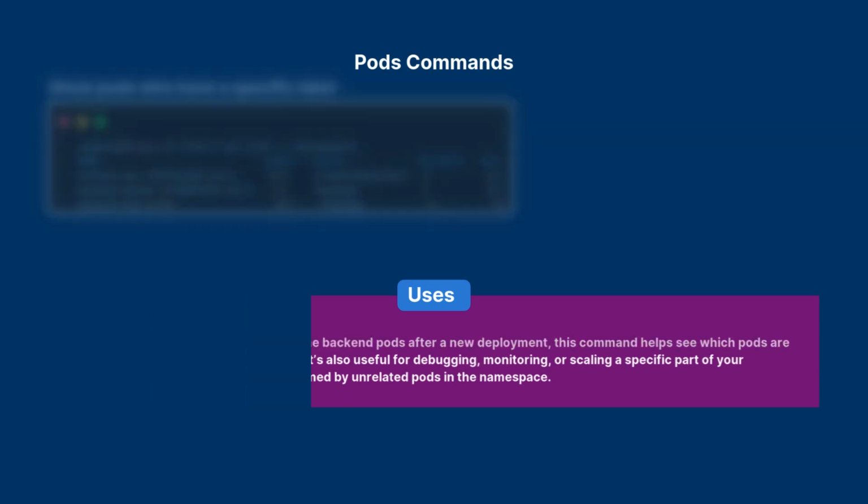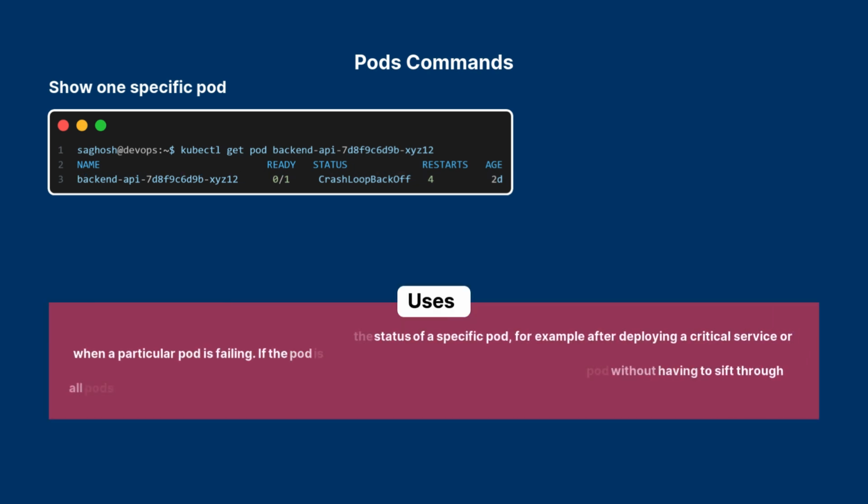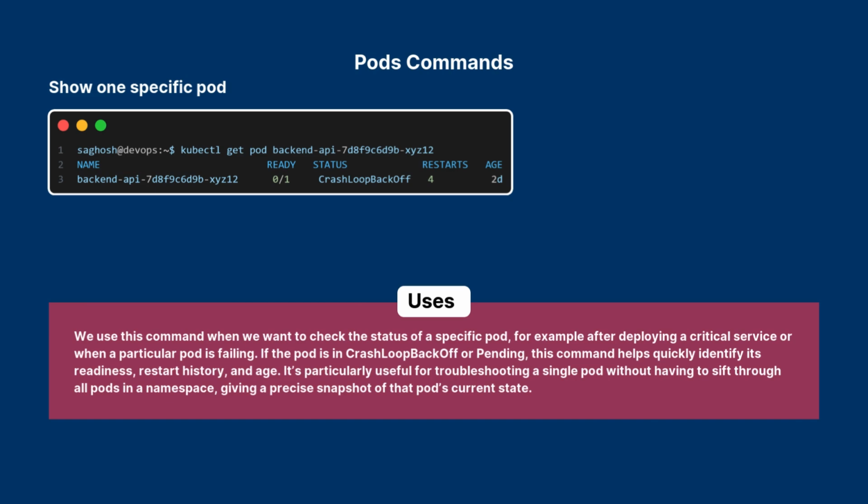Okay, so the next command we have is kubectl get pod and then the pod name. This command shows information about a single pod only, specified by its name. Then again, we have the same columns like name, ready, status, restart, and age. We use this command when we want to check the status of a specific pod.